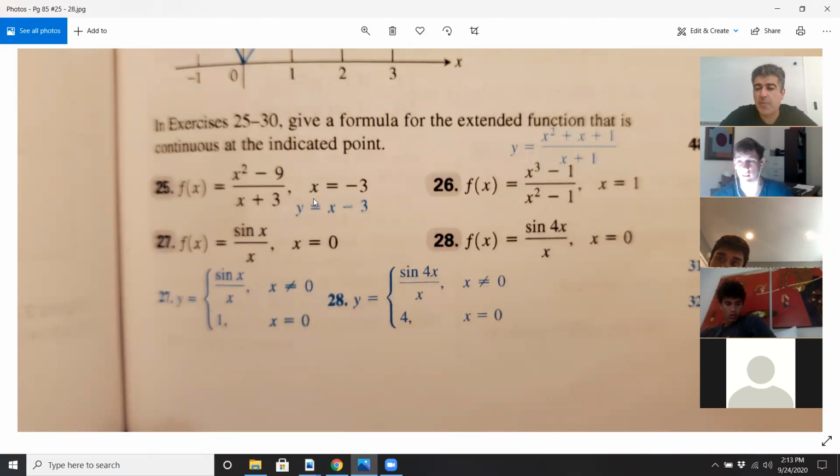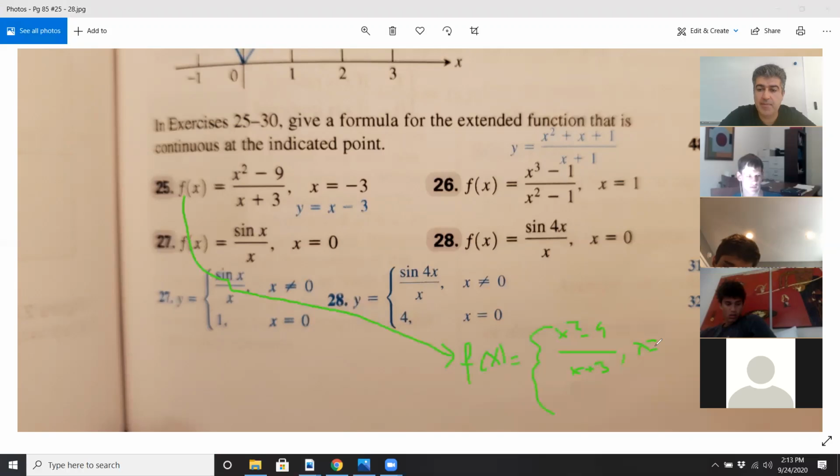25, I thought they wanted like. Yeah. Now 25, you could simplify like this, or you could do this. For 25, you can write a piecewise function if you like. Write it as is, where x does not equal -3.